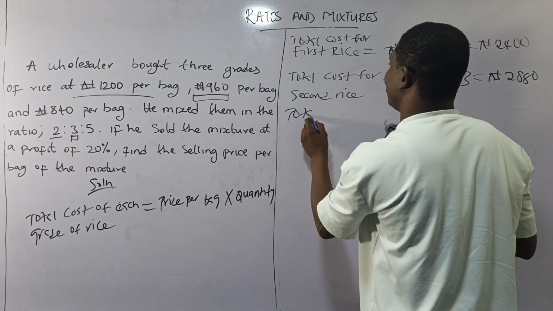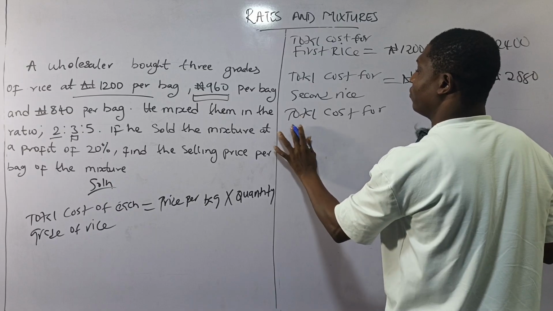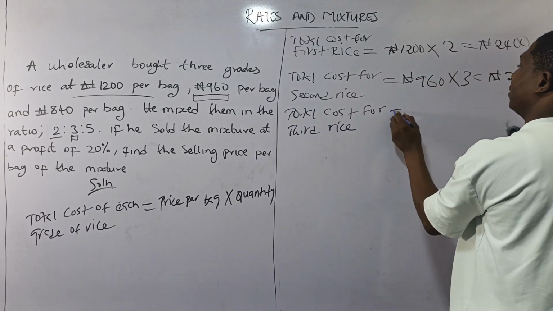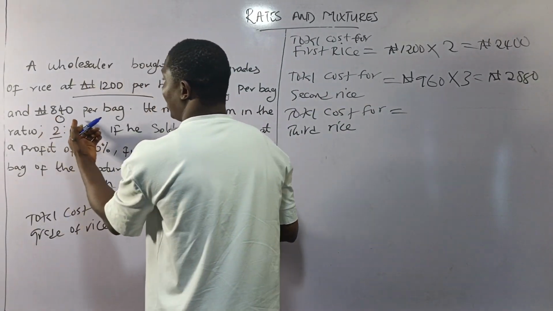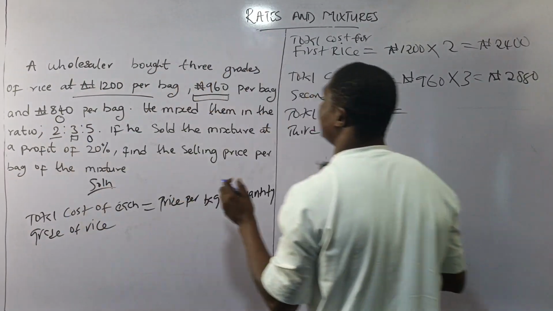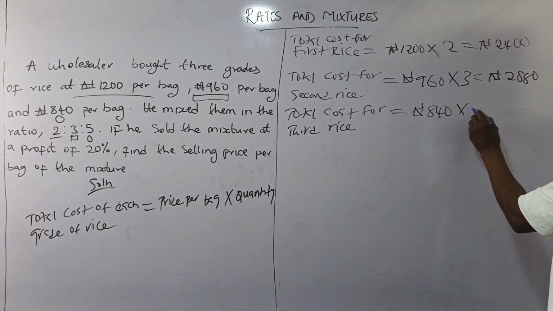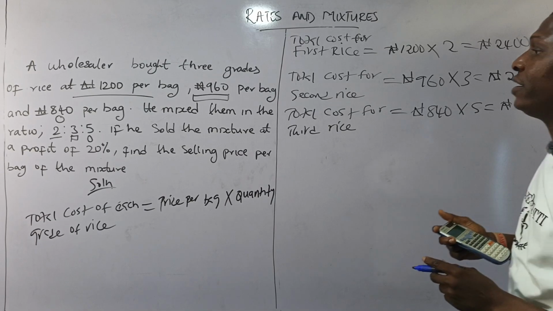Then the total cost for the third grade of rice. This is the amount per bag for the third, and this is the quantity. So we have 840 times 5, and that will give us 4,200 naira.